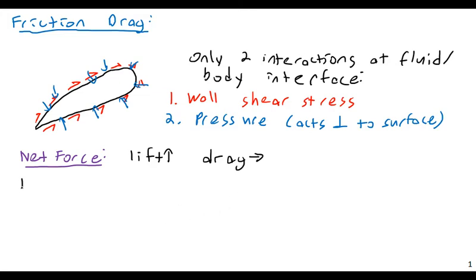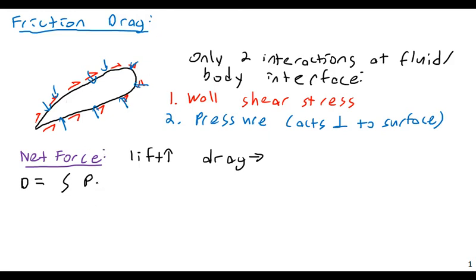Okay. So let us look at how we would calculate this. Well, drag would be the integral of p cosine theta dA. So again, both the lift and the drag are going to be made from a combination of the wall shear stress and the pressure forces.